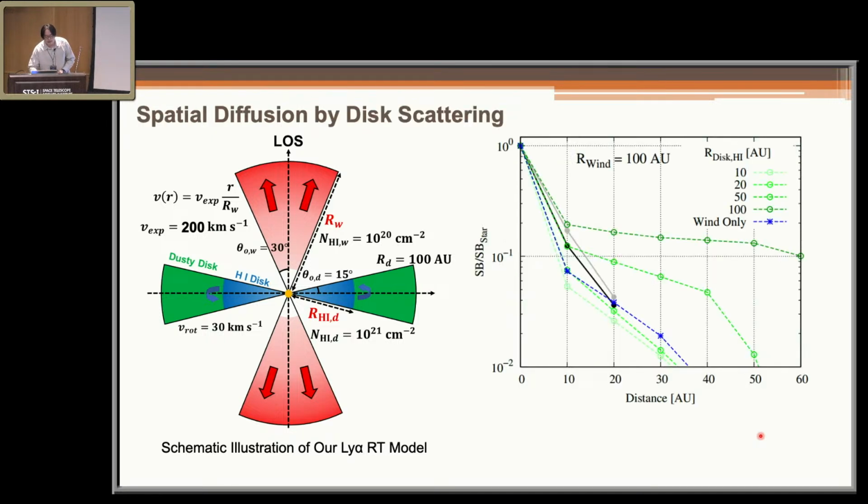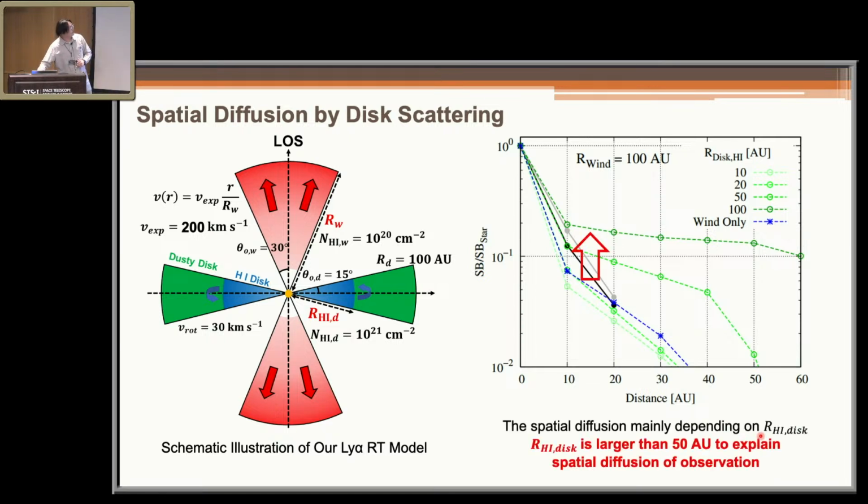So using this model, I also get the same slit surface brightness. This green dashed line is the slit surface brightness of the wind-disk model. It shows that if the H1 wind size is larger than 50 AU, we can explain the spatial diffusion of the Lyman alpha from the HST observation.